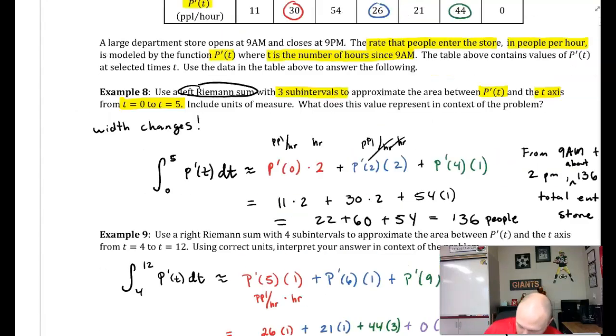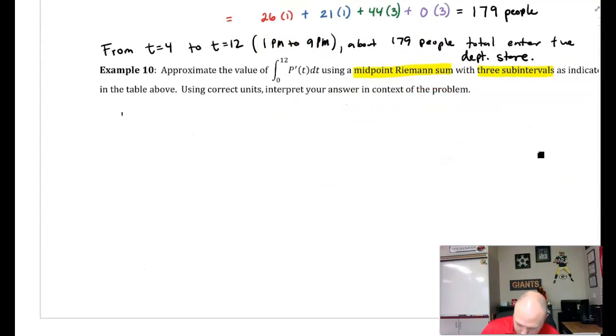Okay, so the integral from 0 to 12 of p prime of t dt is approximately, our first width was 4, and our height was 30. So 30 times 4 plus, I think the width was 2, but our height was 26.